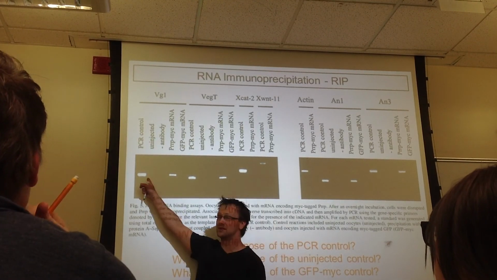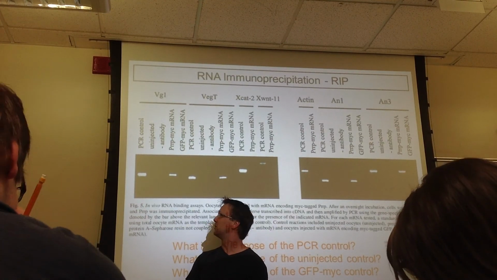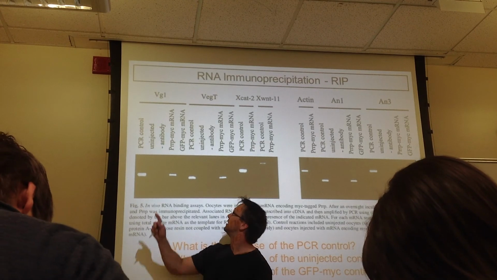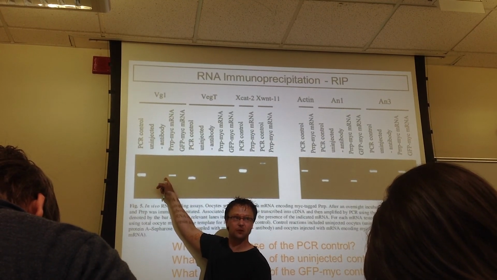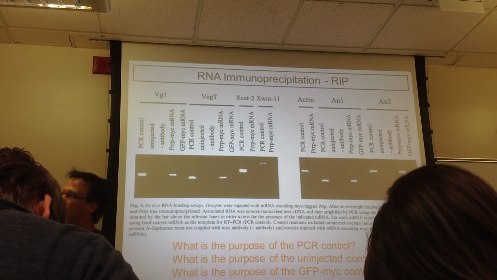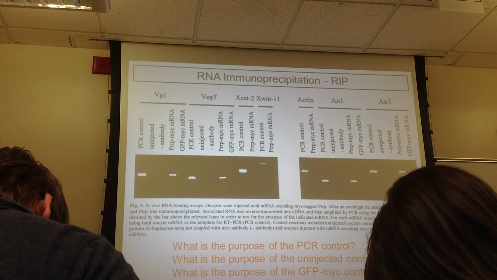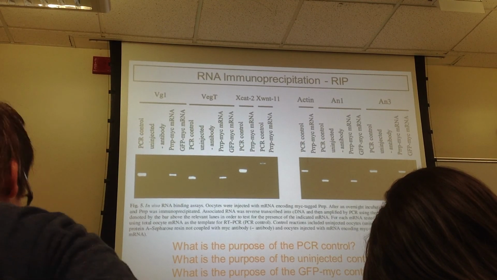So that's what this control is doing: when we don't inject the Myc-tagged form of the protein, we don't immunoprecipitate this Vg1 RNA. And a negative control that we've seen before, right? The no antibody control. So we do this whole process, and we use the bead without the antibody. Without the antibody, we don't pull down the protein. Without the protein, we don't pull down the RNA.